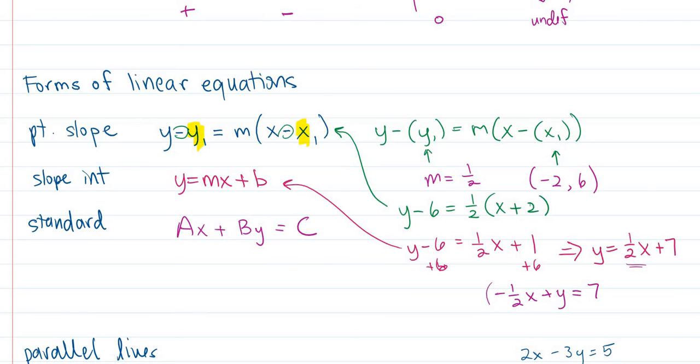So to clean it up, I'm going to take the whole thing and multiply it by -2, because that'll change the a value into a positive. And then we get x minus 2y equals -14. And that's our standard form. So all of those just came from point slope. Point slope is really the one that you need to remember, and then you can manipulate all the others from that.